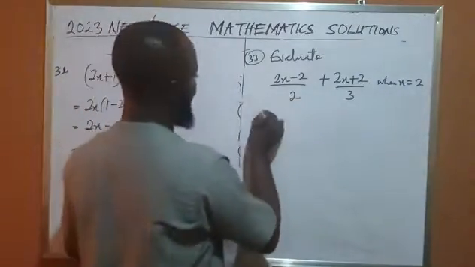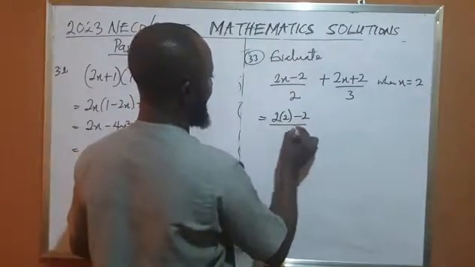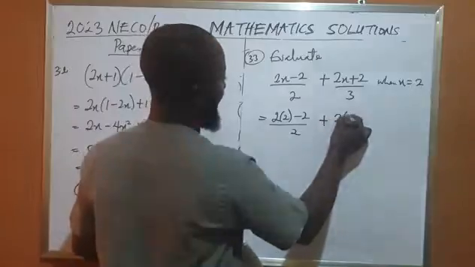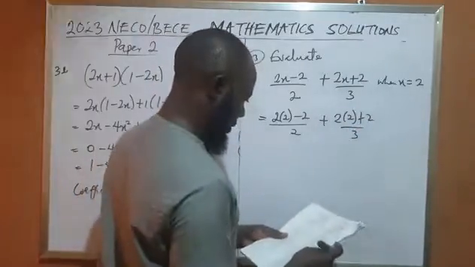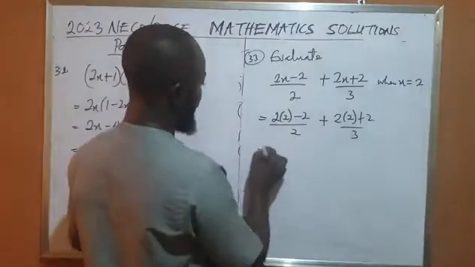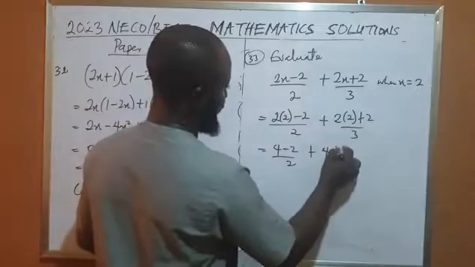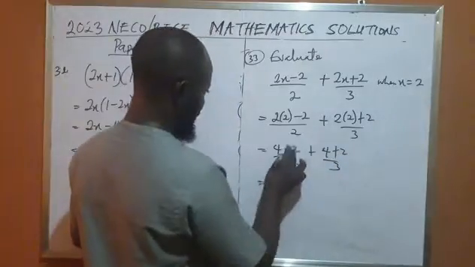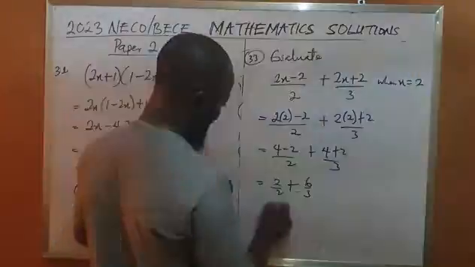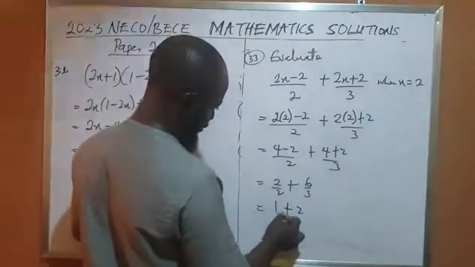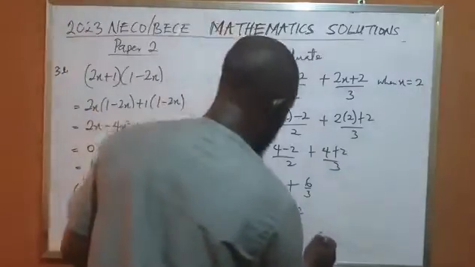So this is 2 multiplied by 2 minus 2 divided by 2, plus 2 multiplied by 2 plus 2 divided by 3. This gives 4 minus 2 over 2 plus 4 plus 2 over 3. So 4 minus 2 is 2 divided by 2, plus 6 divided by 3. This gives 1 plus 2. The answer is 3, and that is option C.